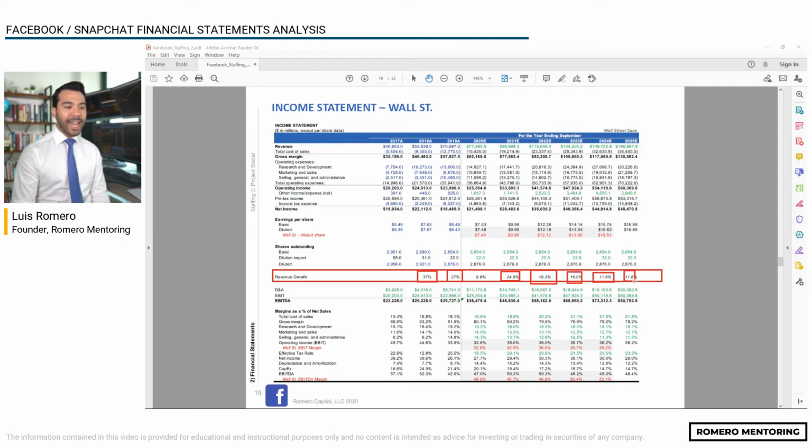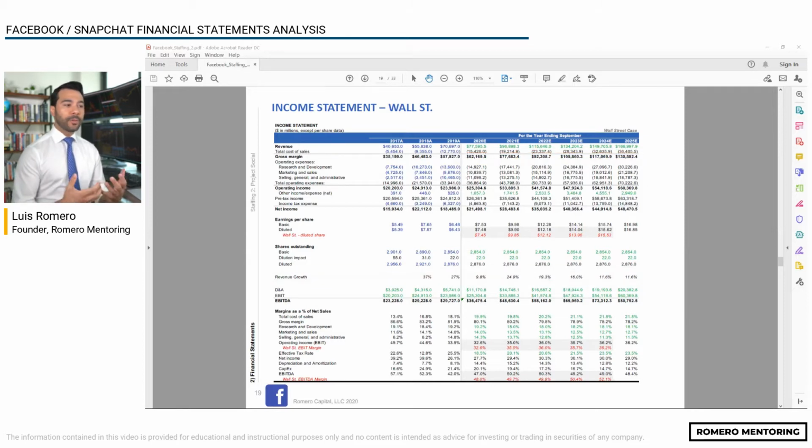So this is healthy growth for a company that is generating revenue of over $60 billion. And of course, that's going to continue. So by 2025, this student analyst expects revenue to reach 130 billion. This is just one way of reviewing their income statement, but more importantly, looking at their margins.